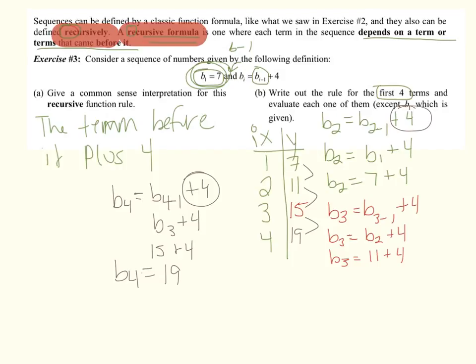That's where this plus 4 comes in. Once I know that first term in a recursive type formula, this plus 4 is how I am changing my table. So I'm increasing each term by 4. Hopefully that makes sense.